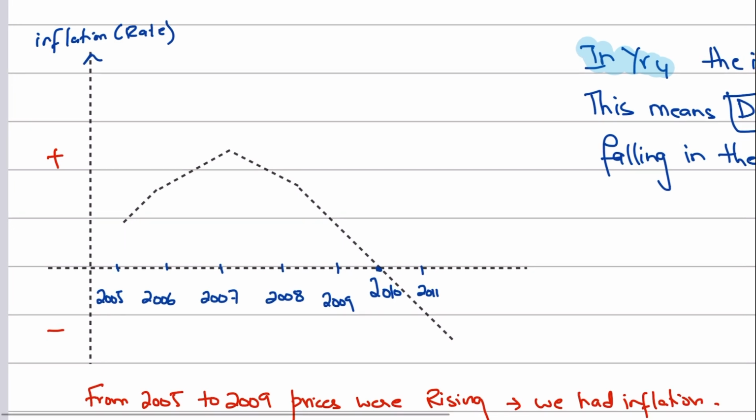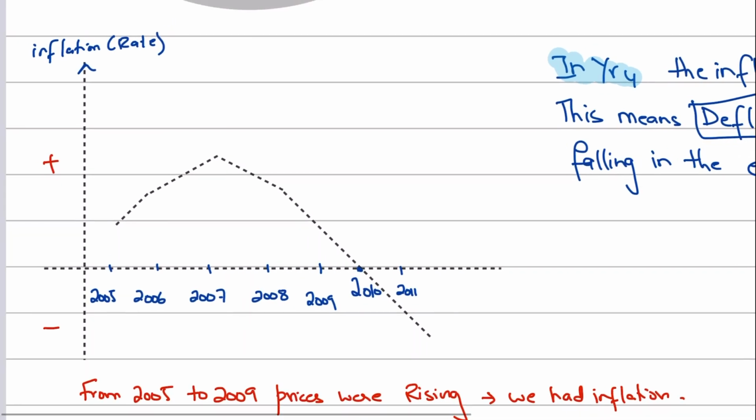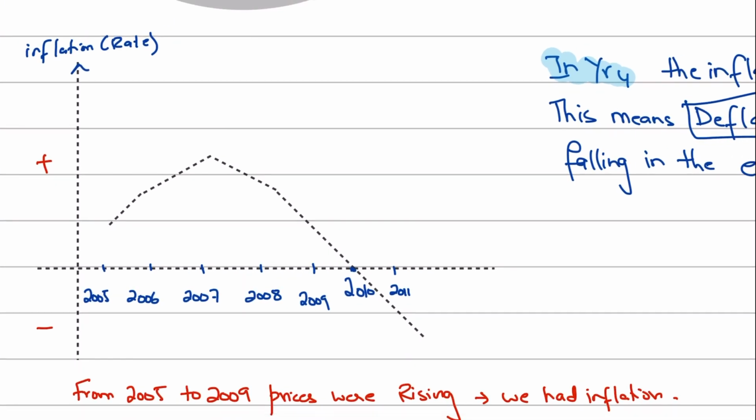So if you see, on the y-axis, we have the inflation rate, that is the percentage change in the CPI index. But I've not mentioned the values, I've just written plus and minus. So plus simply means rise. All of this area is representing inflation, while all of this area is representing deflation, right? So negative inflation is deflation basically.